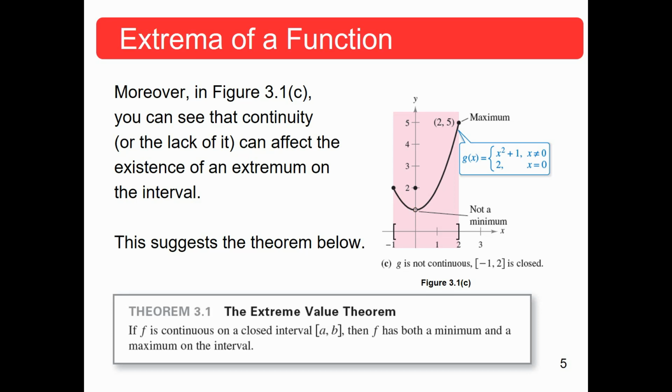So we have the extreme value theorem. What it says is that if f is continuous on a closed interval, then f has to have both a minimum and a maximum. But it is a requirement that it be continuous and on a closed interval. So this is the definition of extrema. If you have any questions about these, just shoot me a reminder or ask questions in class.